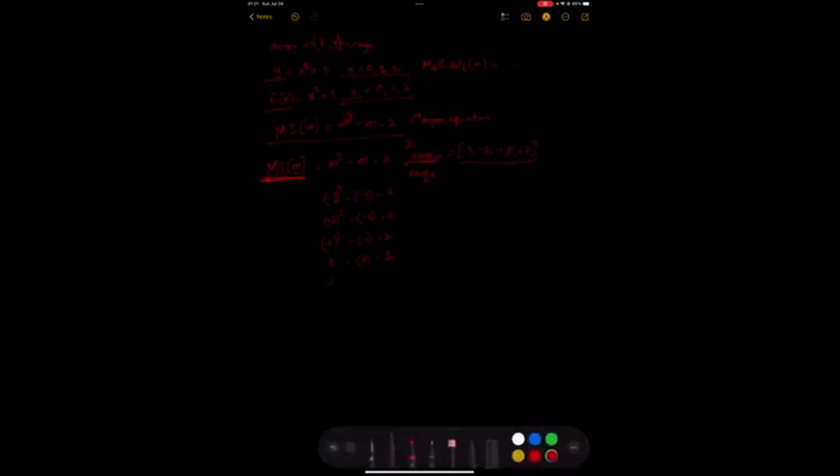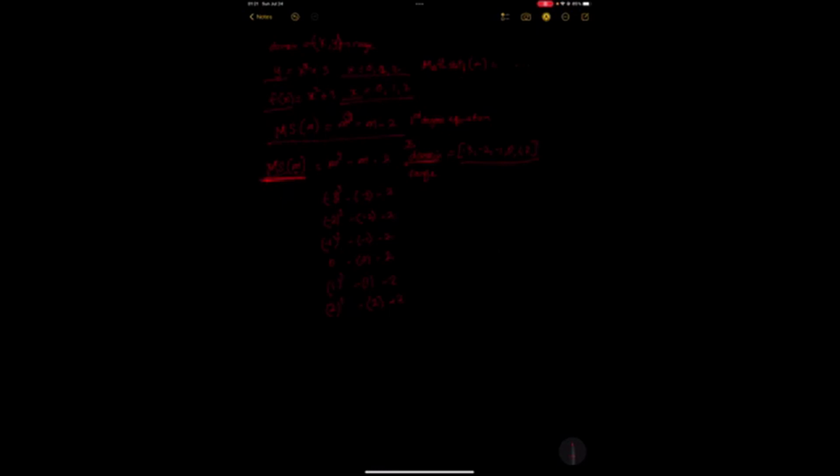Minus 1 cubed minus minus 1 minus 2. Then we put 0 cubed minus 0 minus 2. And then we have a positive 1, so that would be 1 cubed minus 1 minus 2, and then 2 cubed minus 2 minus 2.